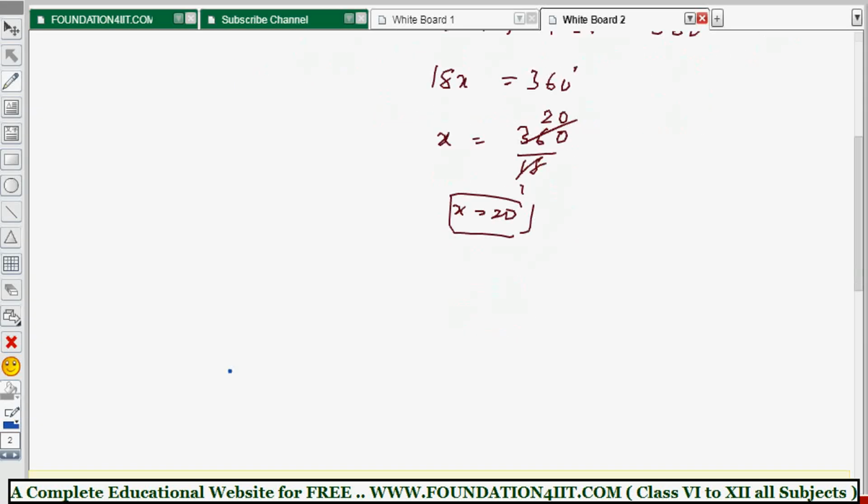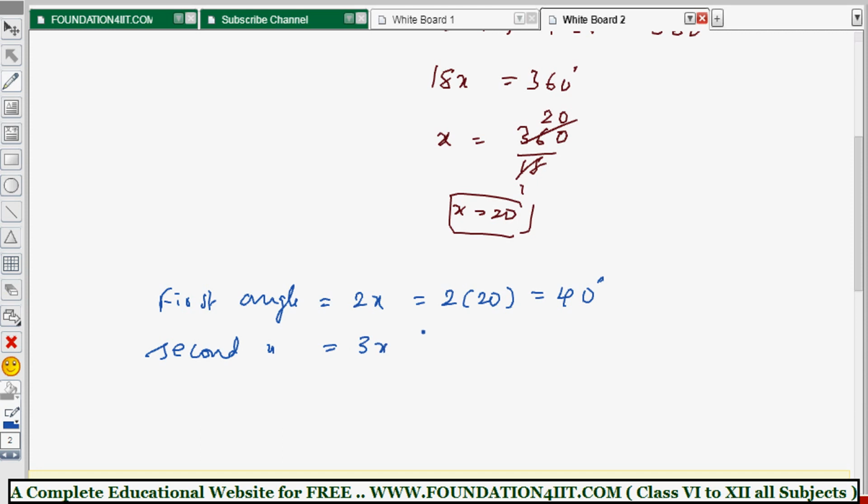Then angles, therefore first angle is 2x, that is 2 into 20, so 40 degrees. And similarly second angle is 3x, so 3 into 20, that is 60 degrees.